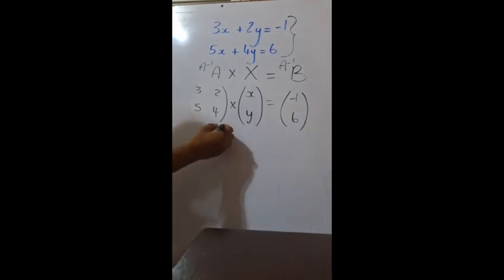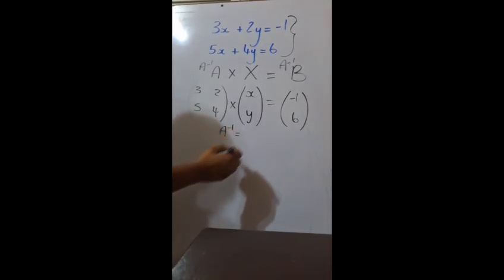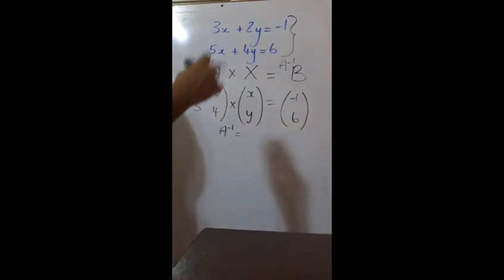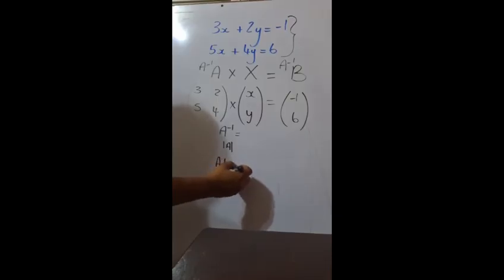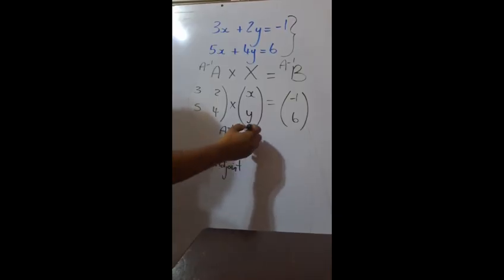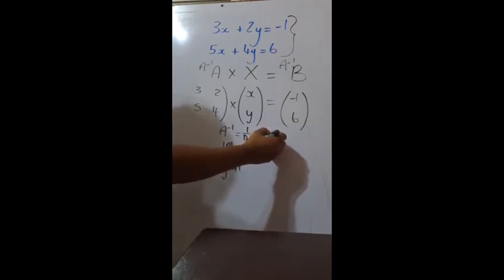Now that means I need to know what A inverse is. We would have covered finding the inverse of a matrix before, but let's do it again. For the inverse of A, I need the determinant of A and the adjoint of A, because the formula to find the inverse is 1 over the determinant multiplied by the adjoint.